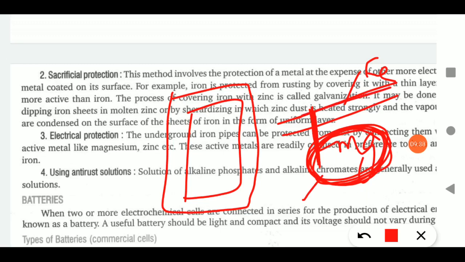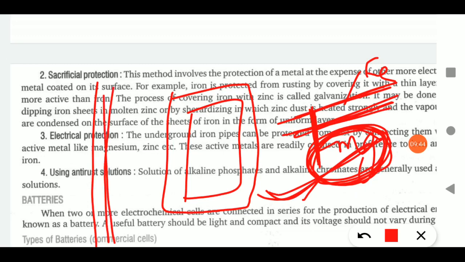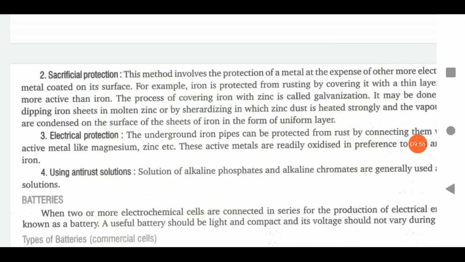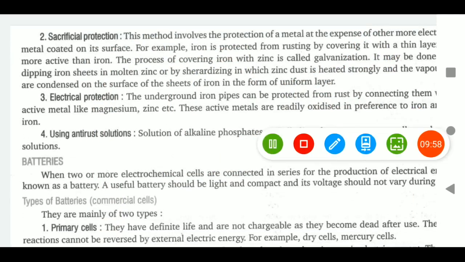The iron will not become the anode now, and it is the anode that gets oxidized. Mean you have a pipeline of your submersible, then you can tie a magnesium ribbon upside, so your whole pipeline will not get rust, even if it is inside, because now magnesium will get oxidized. Okay, and electrical potential.